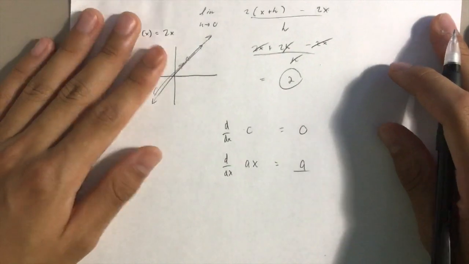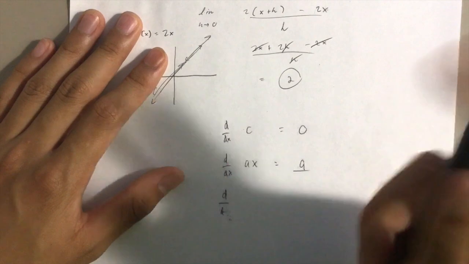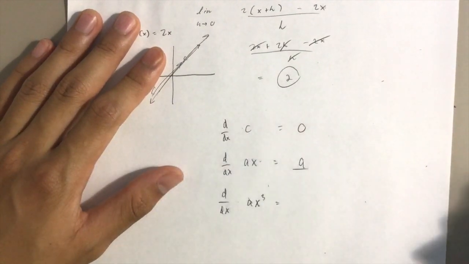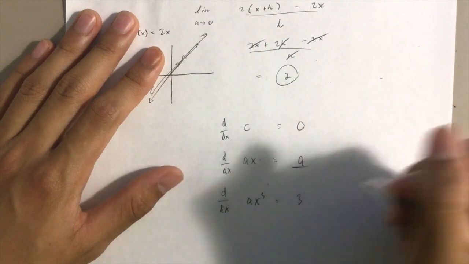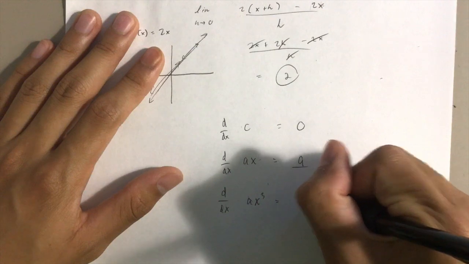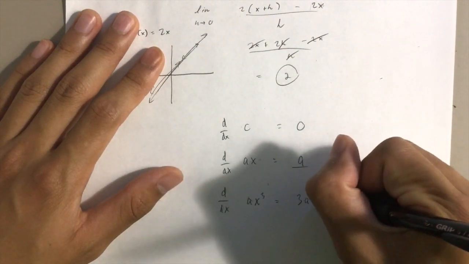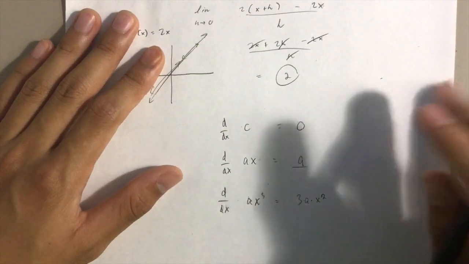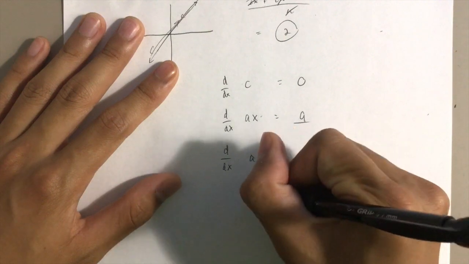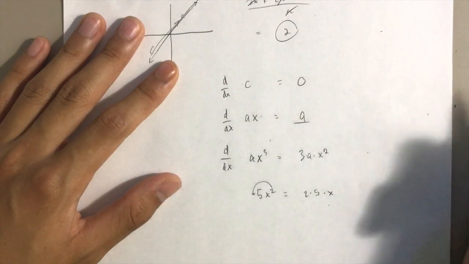If you have a constant and a variable raised to some power, let's say ax to the third, you take that exponent, put it in front as a coefficient, a times 3 times x, and then you subtract 1 from the exponent.